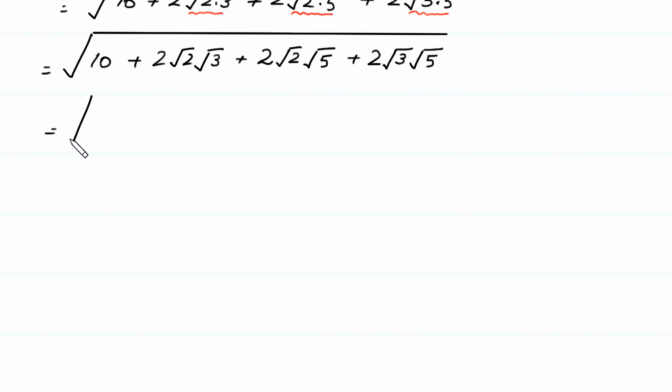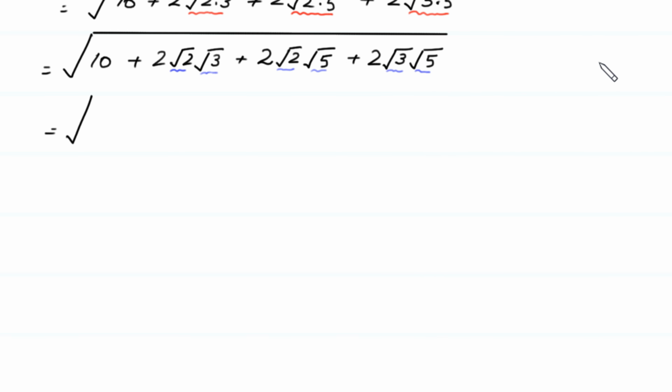Next, square root of, now we notice that here we have square root of 2 times square root of 3, and here we have square root of 2 times square root of 5, and here we have square root of 3 times square root of 5.